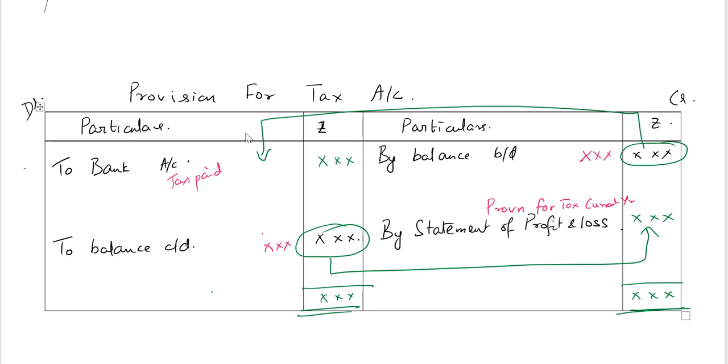So let's say the opening balance, the closing balance and the tax paid is given. Then we know that provision for tax for the current year will be the balancing figure. On the other hand, where the opening balance, the closing balance and the provision for tax is given, then we know that the tax paid will be the balancing figure.